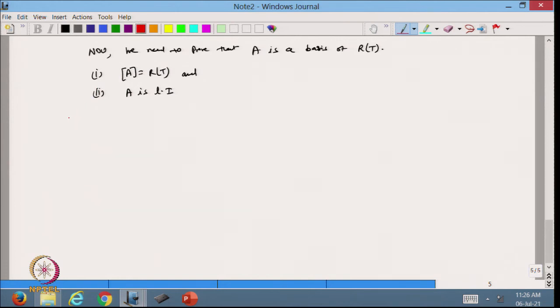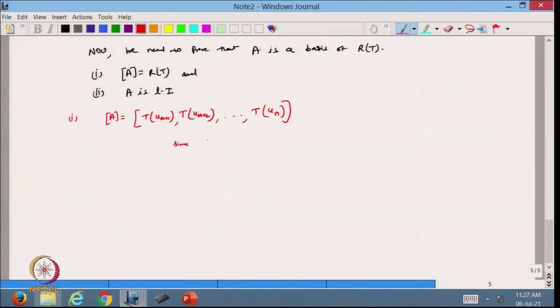So, the first one I need to prove. Now, what am I going to do? Let the span of A mean the span of T(u_{k+1}), T(u_{k+2}), up to T(u_n).